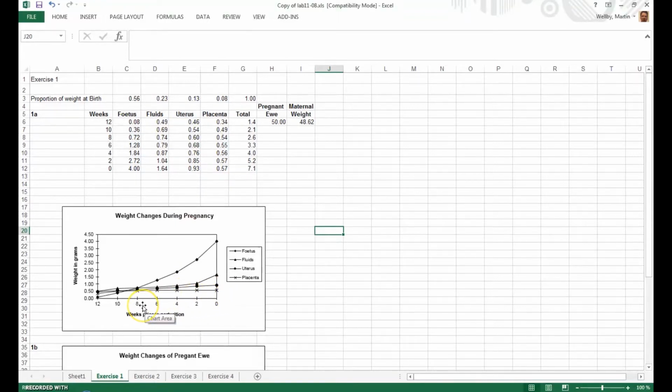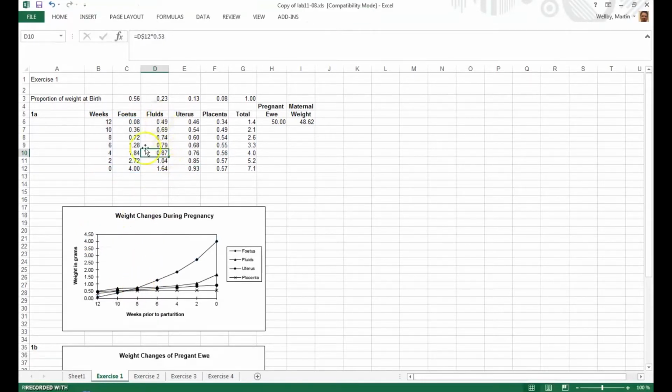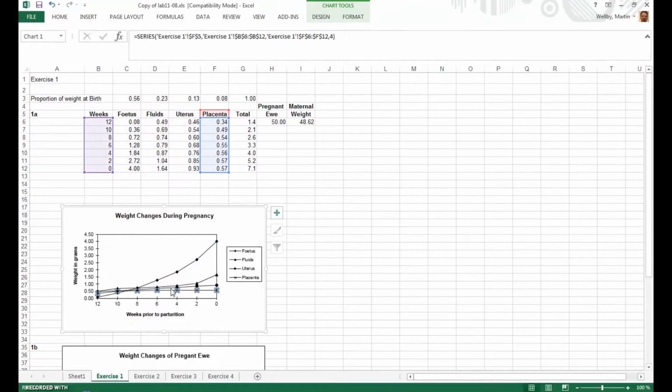And you can see from this that really there's only one line here that's rising dramatically in this last 12 weeks of the pregnancy, and that is the line for the fetus. So it's gone from 80 grams to 4 kilograms over the last 12 weeks. All of these other components here have stayed reasonably flat.